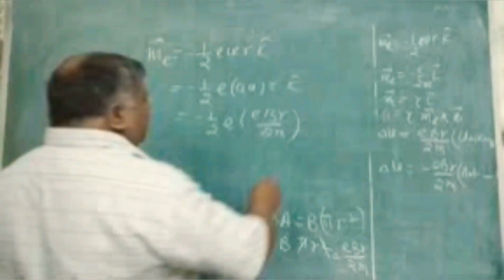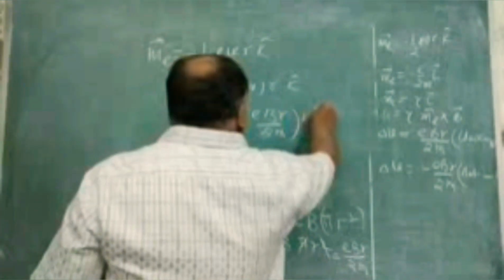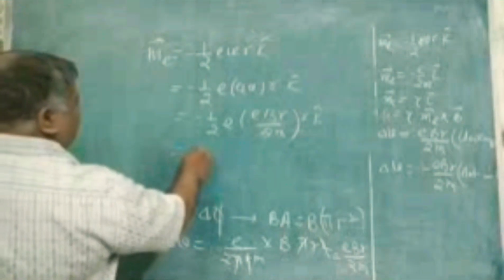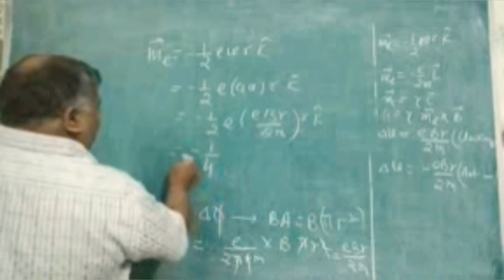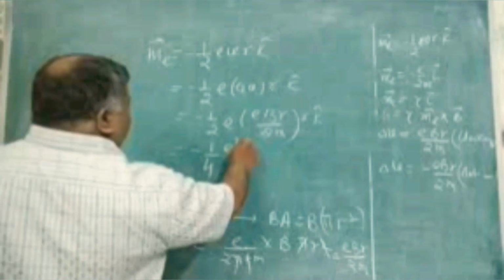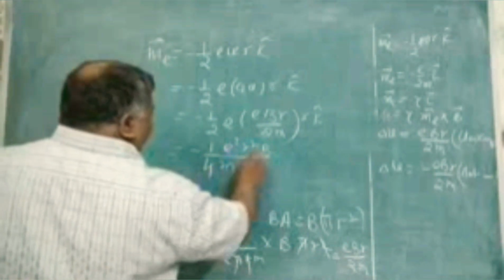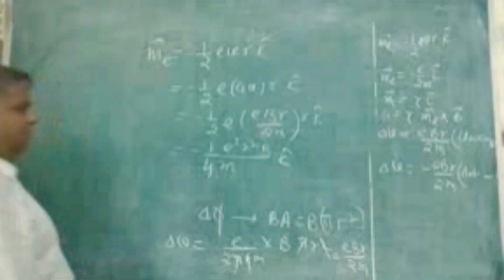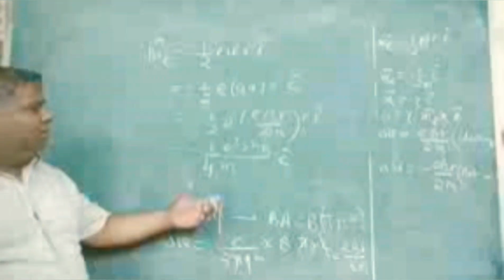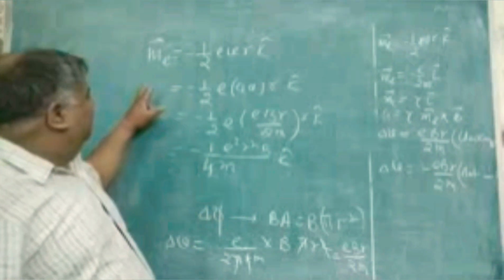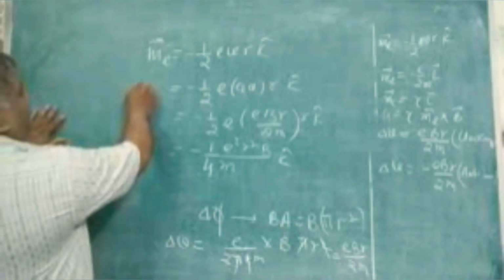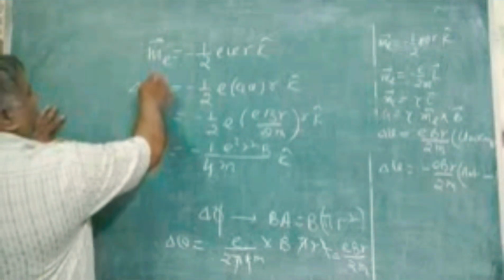which is minus 1 upon 4 E square R square B. This is the change in energy.